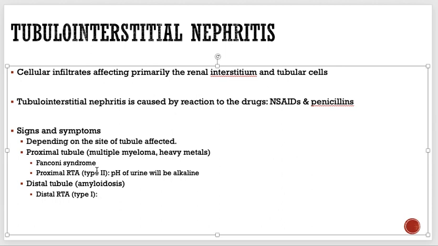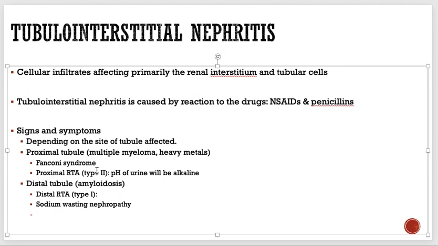So what is this type 1? There is a problem with hydrogen ion secretion, right? They present with sodium wasting nephropathy. One of the things which can occur in distal tubule problems is type 4 RTA.